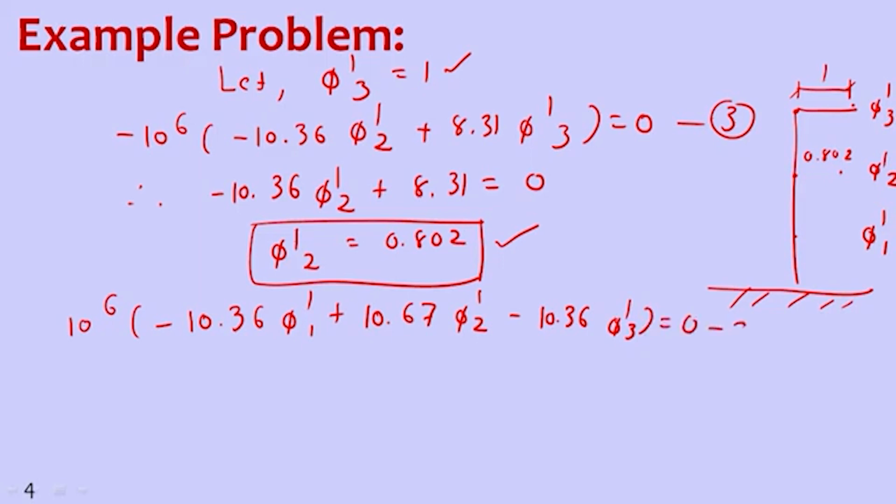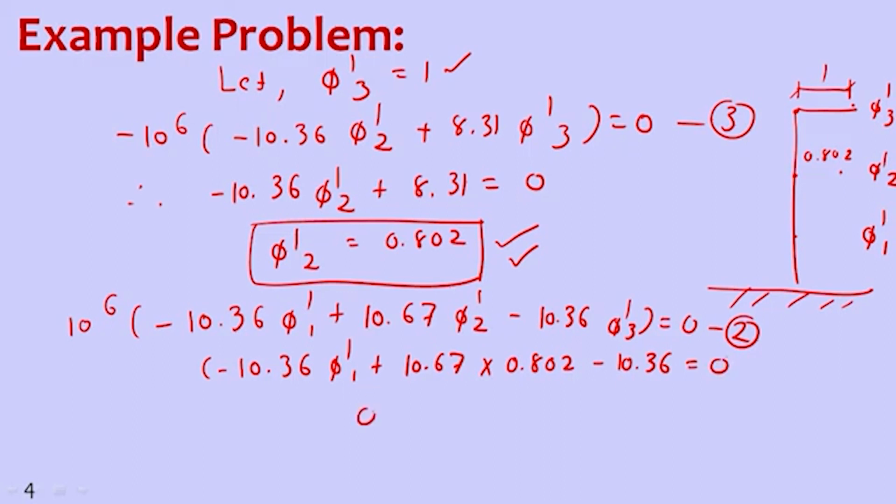Now substituting values, we get 10.36 phi 11 plus 18.67 into 0.802, which is the value of phi 12, minus 10.36 is equal to 0. If I solve this, I will get phi 11 as 0.445.